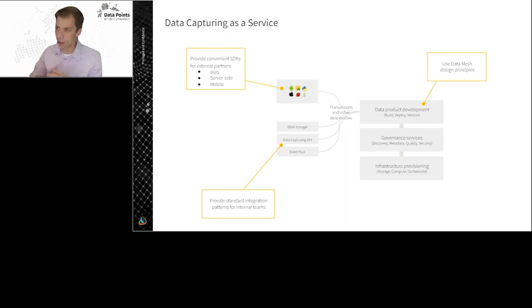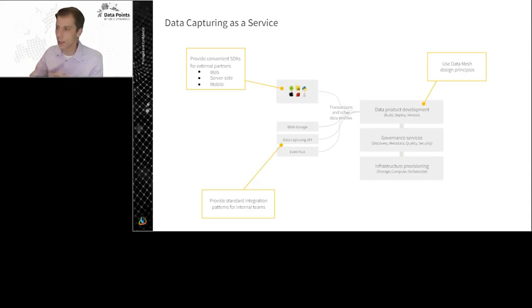And then on top of that, we generally need to provide different building blocks, different components to manage data as a product, meaning that the teams responsible for processing data from these different data sources and for making data that can be consumed by downstream analytics capabilities or downstream systems need to have a toolkit for building data pipelines, deploying these data pipelines in production, versioning both pipelines as well as data sets, and so on.